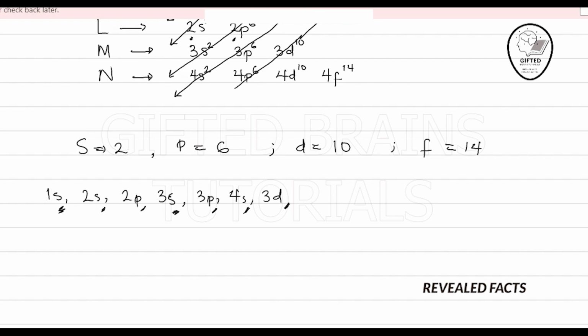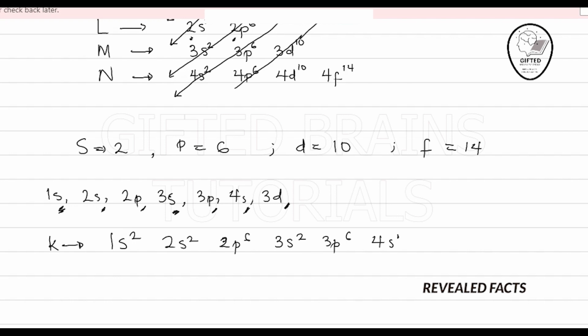So if I write out the electronic configuration of potassium now, using the sublevels, you will have 1s2, 2s2, 2p6, 3s2, 3p6, 4s1.